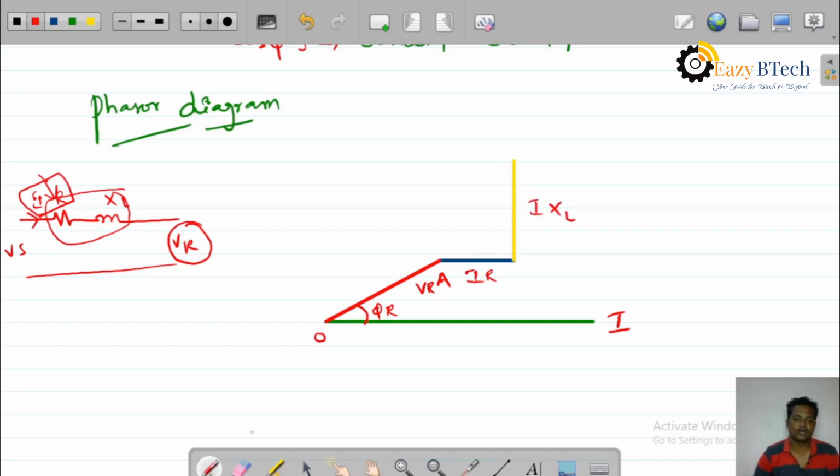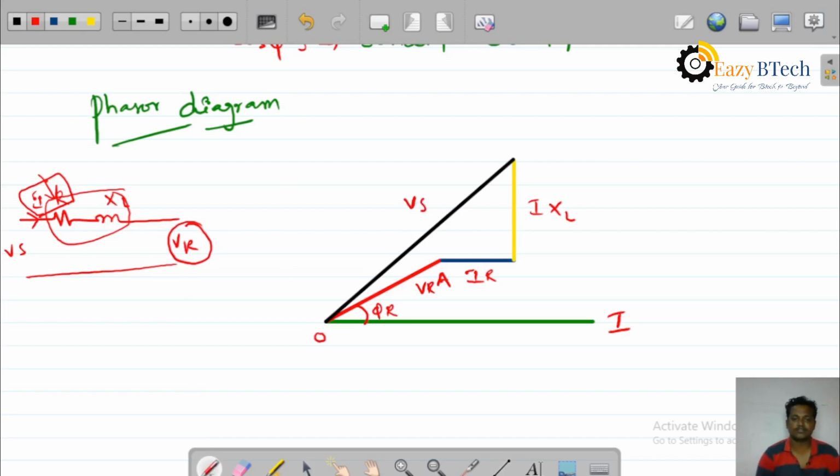Now the total is the sending end voltage Vs. This is the phasor diagram of short transmission line.